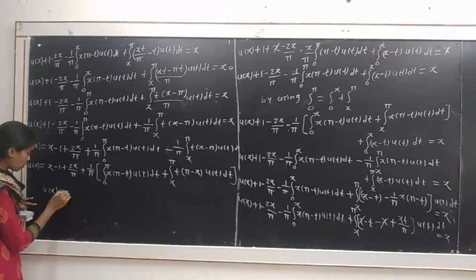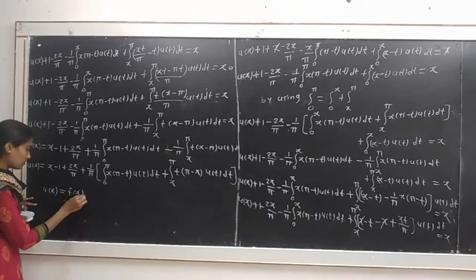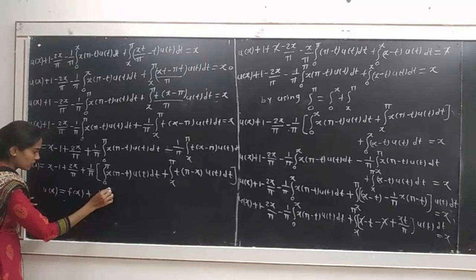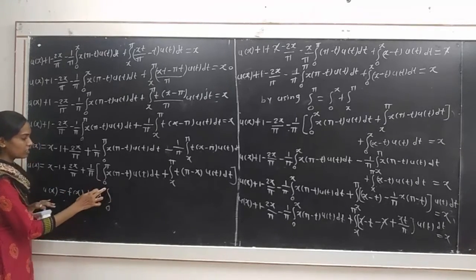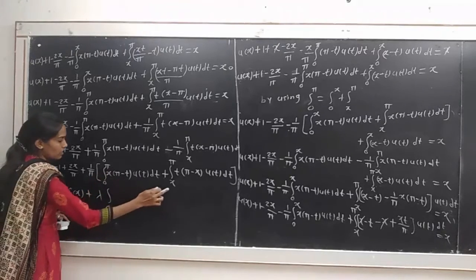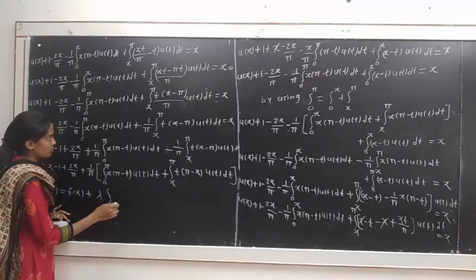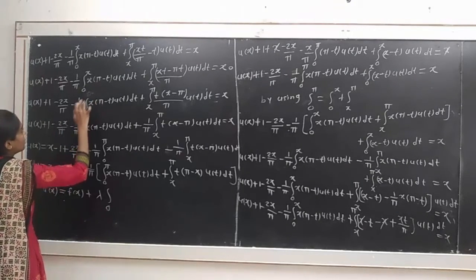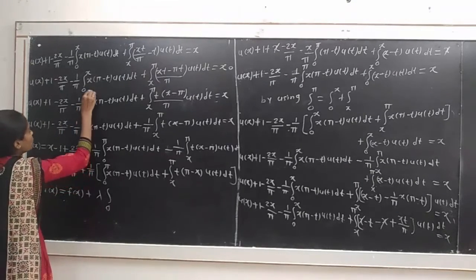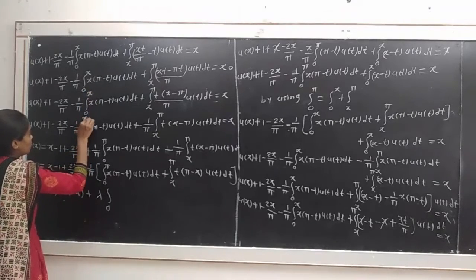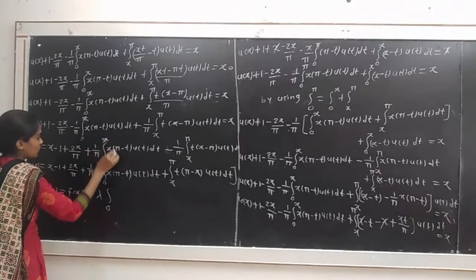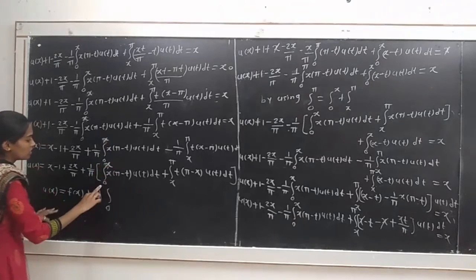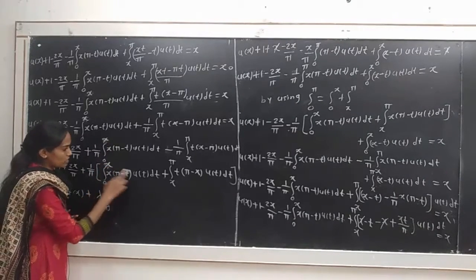in the form of u of x is equal to f of x plus lambda integration from, here integration will be 0 to pi, sorry, we can write here this integration will be from 0 to x, here also 0 to x, and 0 to x. We get here integration from 0 to x and x to pi.